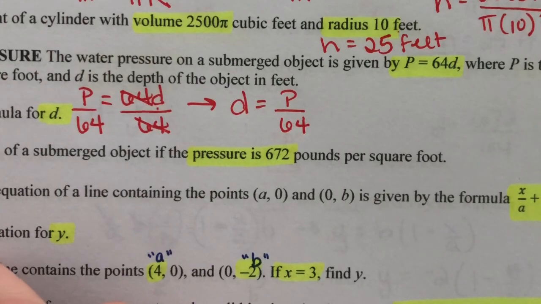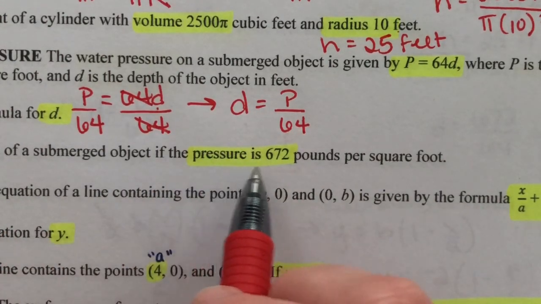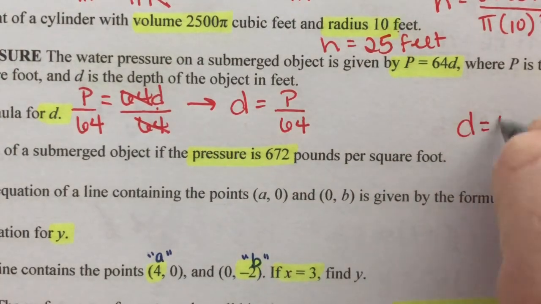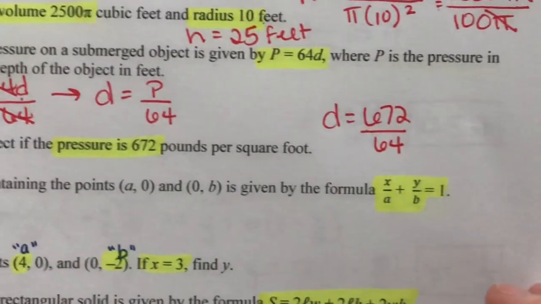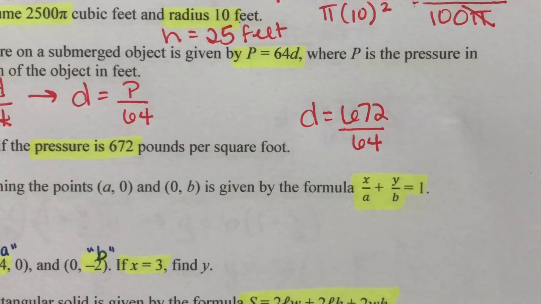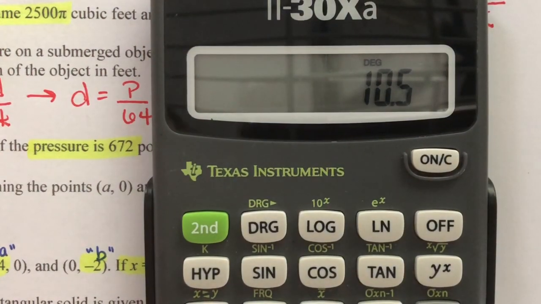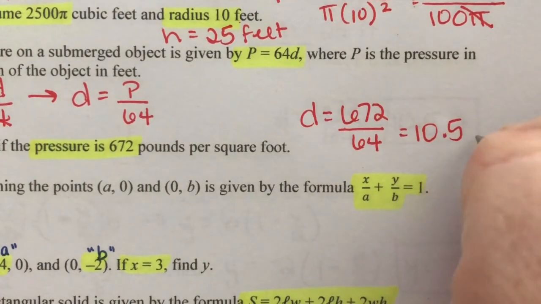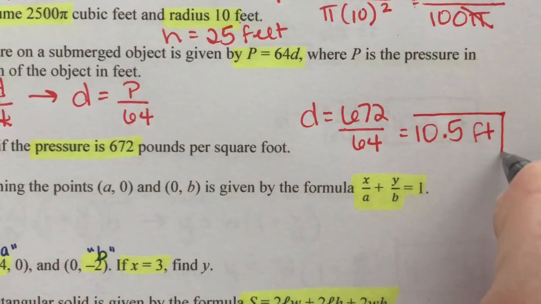So in the second part, B, find the depth, find D, of a submerged object if the pressure is 672. So D equals 672 over 64. I just plugged 672 in for P. And now on our calculator, we can do that. 672 divided by 64 equals 10.5. 10.5, and that's in feet, and it was the depth of a submerged object.